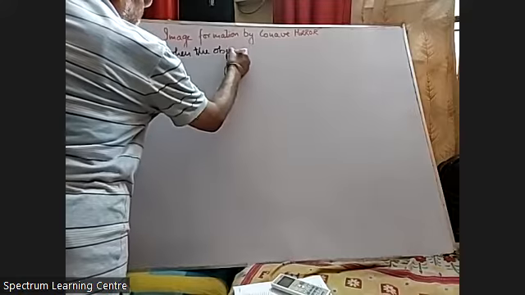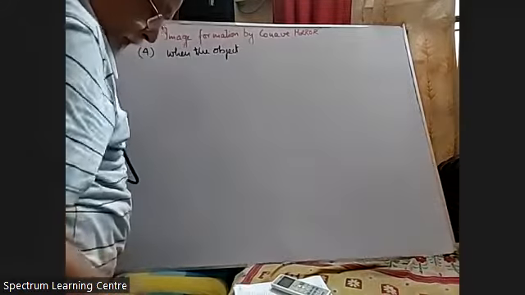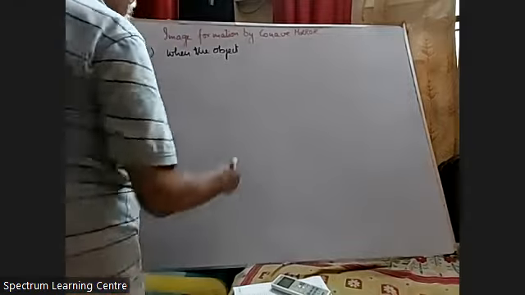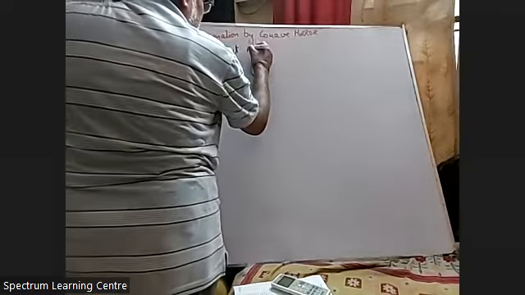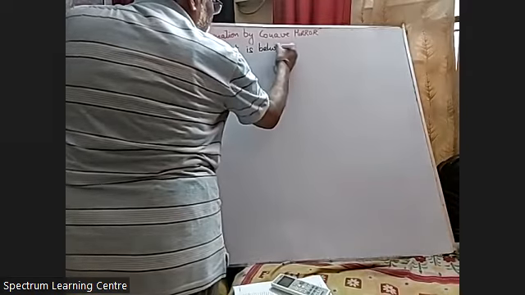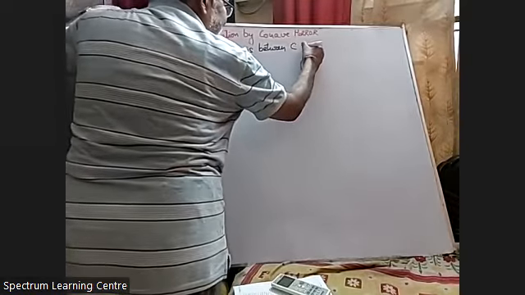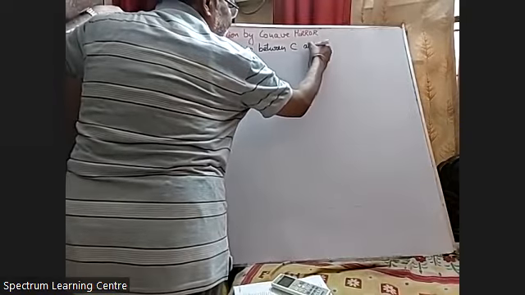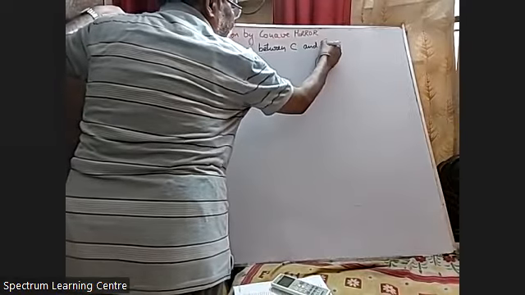When the object is between C and F, that is, center of curvature and focus. Clear? Can anyone tell me where the image will form?